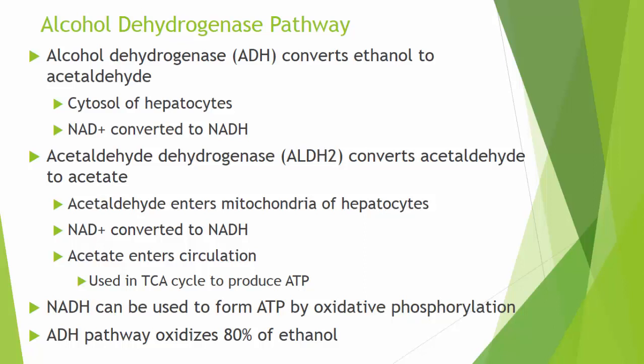This acetate that's produced can then leave the hepatocytes or stay there and actually be converted to acetyl-CoA and used in the TCA cycle to produce ATP. The NADH that's generated can contribute its electrons to the electron transport chain and therefore lead to the production of ATP by oxidative phosphorylation. The alcohol dehydrogenase pathway oxidizes 80% of the ethanol that humans consume.